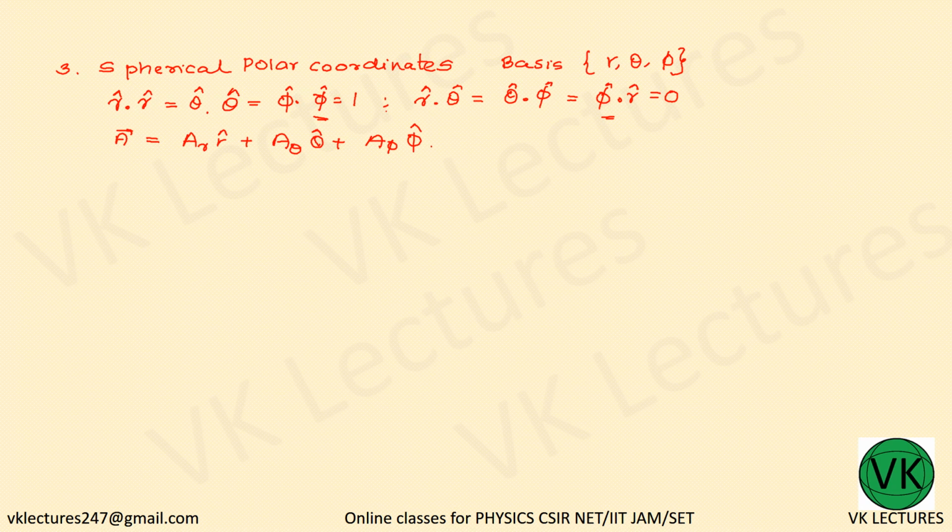Now coming to the range: r varies from 0 to infinity. Please kindly note it is not from minus infinity to plus infinity, it is from 0 to infinity, and theta moves from 0 to pi. Again please note it is from 0 to pi and not the entire 360, and phi varies from 0 to 2 pi.